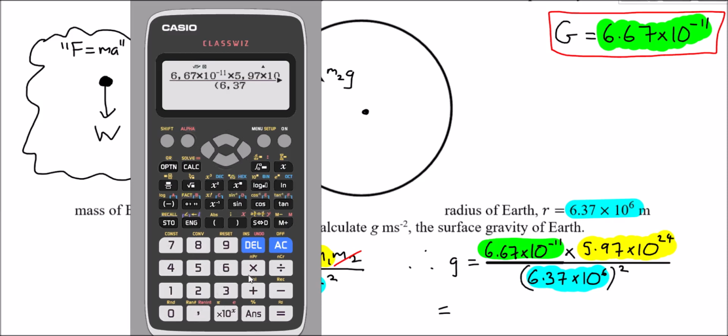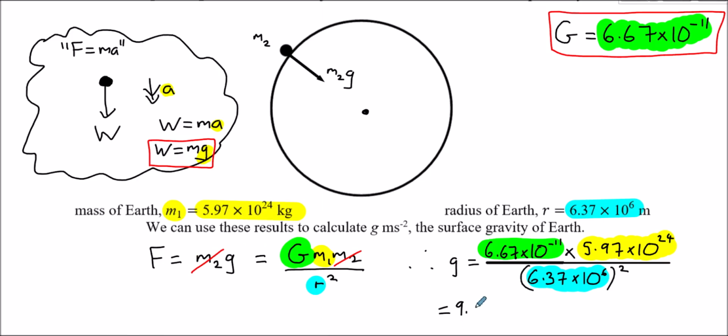So 6.37 multiplied by 10 to the 6, and that's going to be squared. So type this in, we get approximately 9.81 to three significant figures.